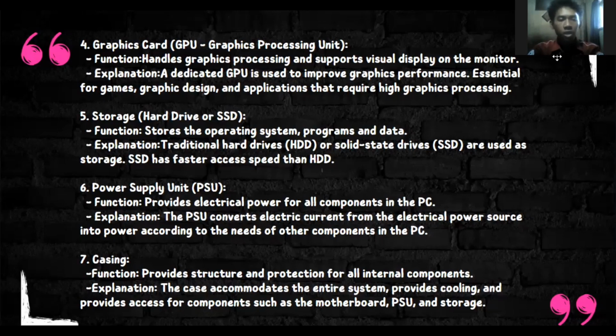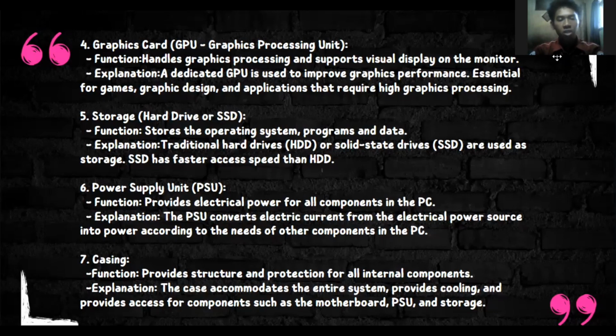Six, power supply unit. Function: provides electrical power for all components in the PC. Explanation: the PSU converts electric current from the electrical power source into power according to the needs of other components in the PC. Seven, casing.